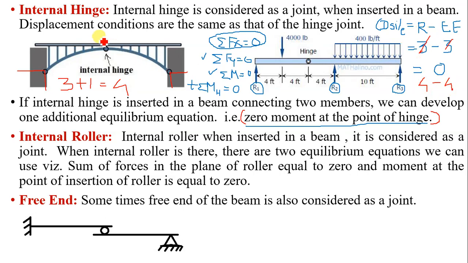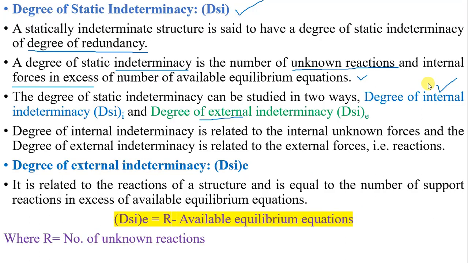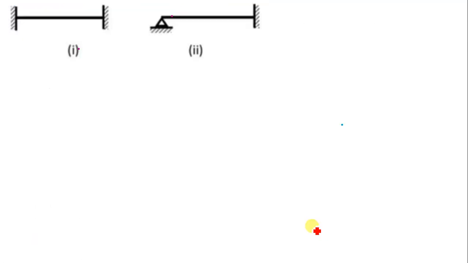So this structure is statically determinate externally and the degree of static indeterminacy external is equal to 0, and thus we can use this particular formula: degree of static indeterminacy external is equal to R minus available equilibrium equations.